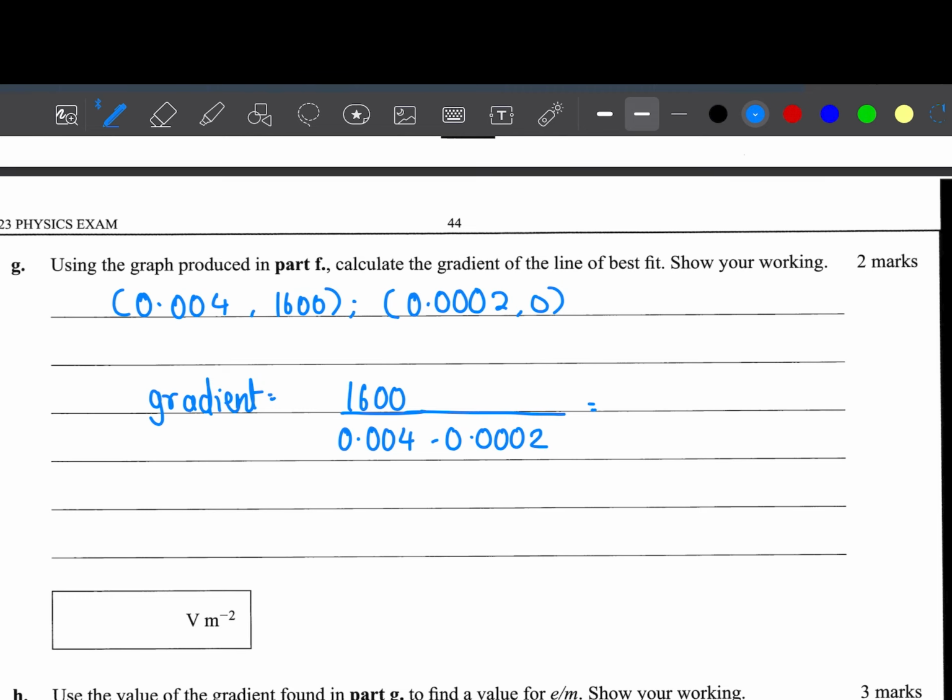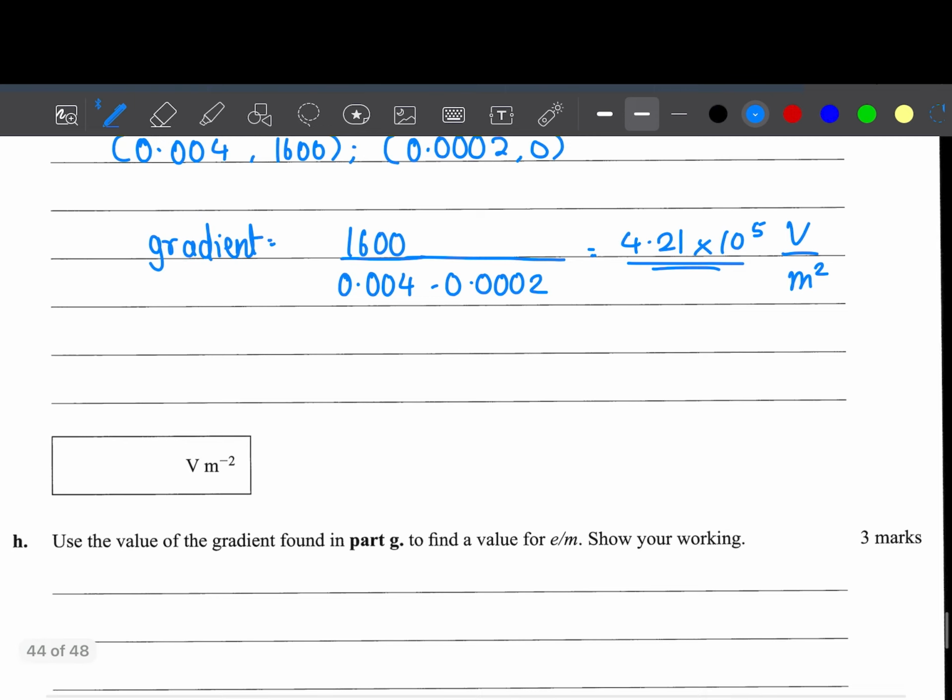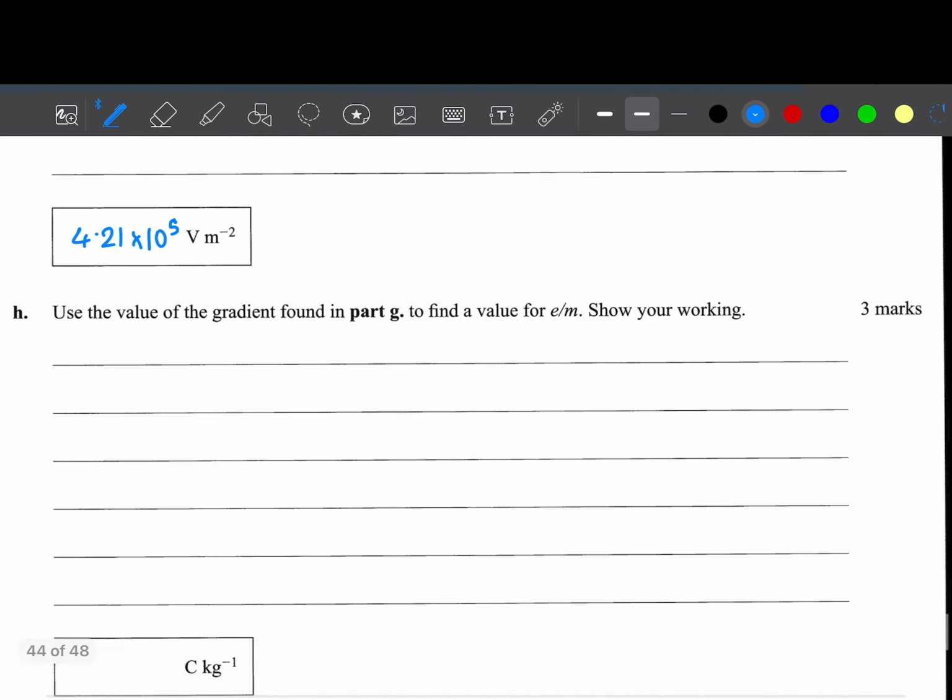Okay, so I get 4.21 times 10 to the 5. Our units would be volts per meter squared. So 4.21 times 10 to the 5.